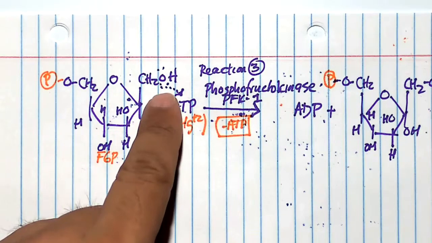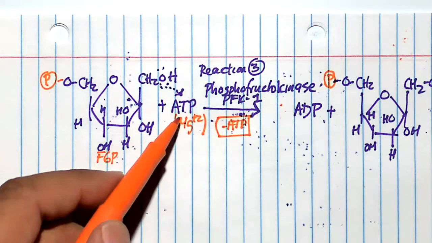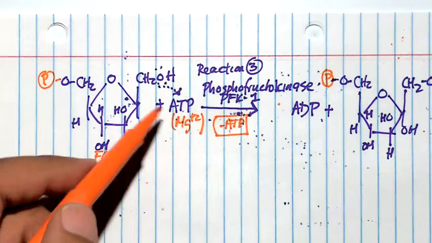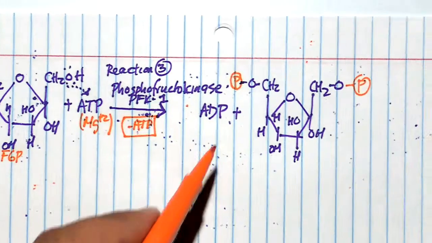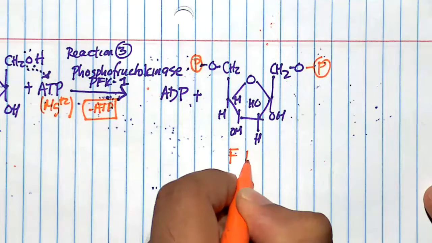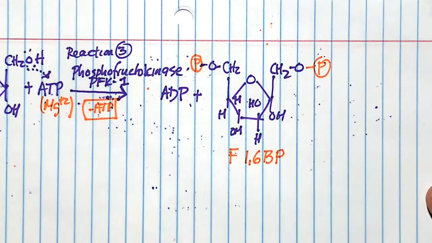This is a nucleophilic attack on the relatively weak hydroxyl group on the gamma phosphate. ATP is a high energy molecule, so ADP serves as the leaving group, and you have fructose 1,6-bisphosphate. Okay, fructose 1,6-bisphosphate. All right.